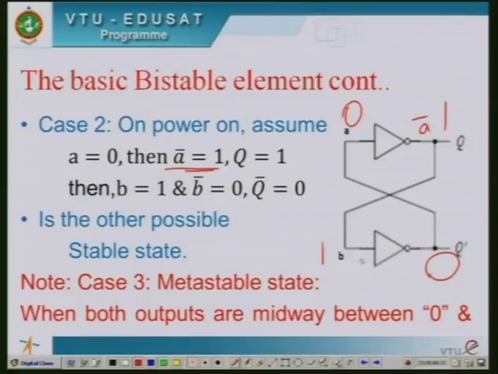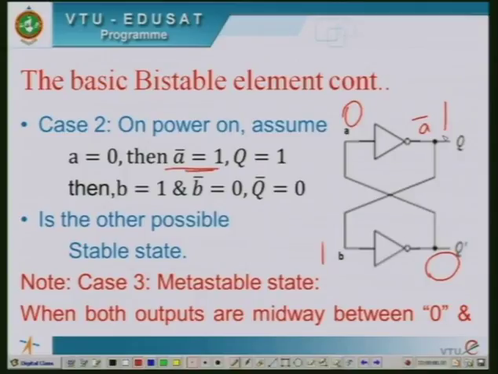So I have a 1 here, then Q bar becomes 0. So you can see now the permanent state of this bistable element, it will have Q as 1 and Q bar as 0. So this is the second stable state possible for the bistable multivibrator. So the first stable state was when Q was 0 and Q bar was 1.